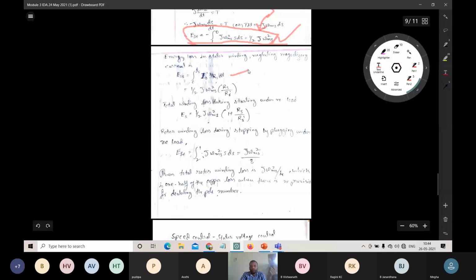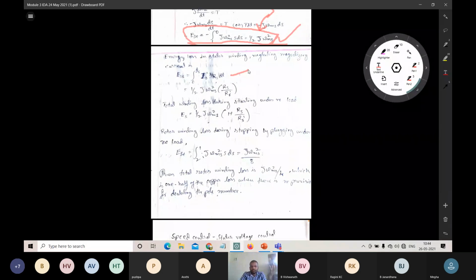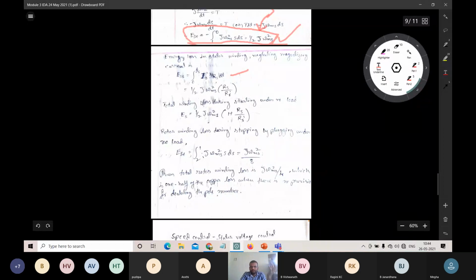The energy loss in stator will be given by the integral of I R square RS dt. Same equations, derived using the same steps. At the end you get half J omega ms square RS by RR dash. RS by RR dash is the stator resistance dependent on the rotor resistance.